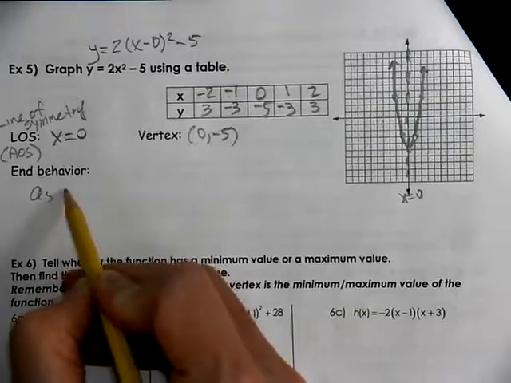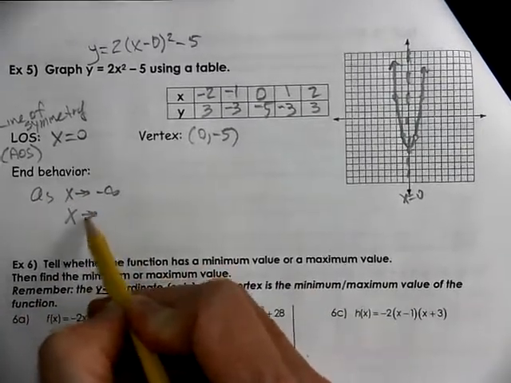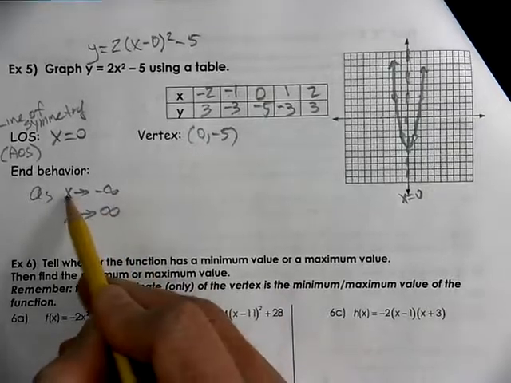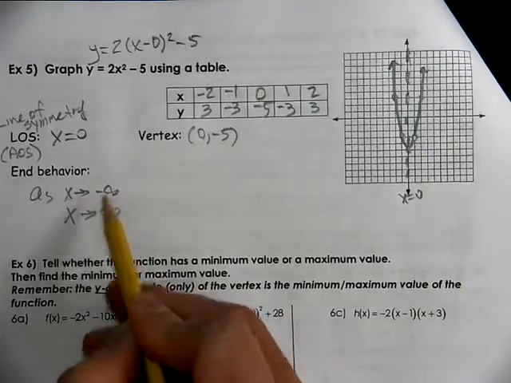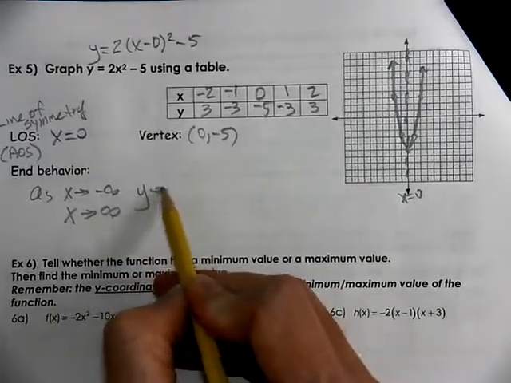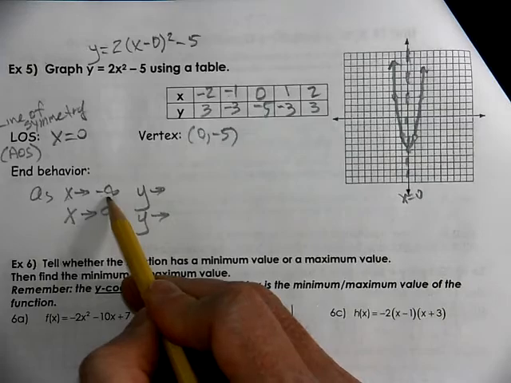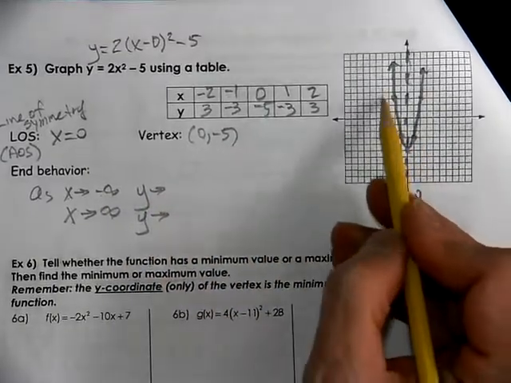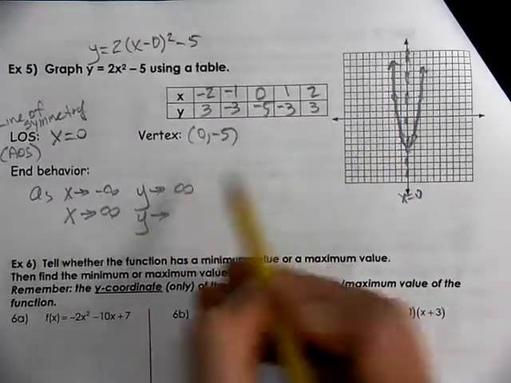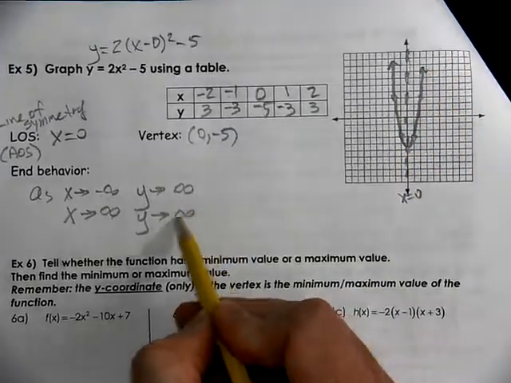My end behavior, we are working with as x approaches negative infinity and as x approaches positive infinity. When we look to the left, the graph is going up. When we look to the right, the graph is going up.